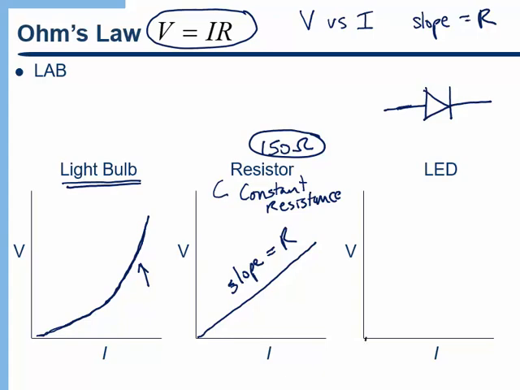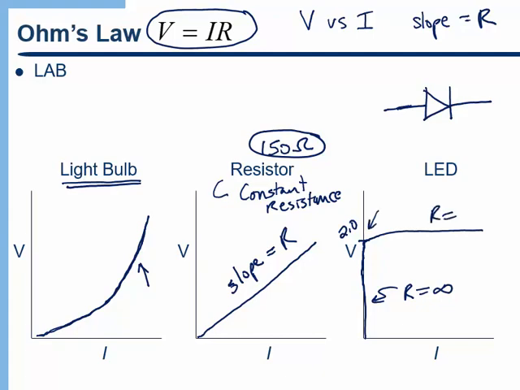So what we found for the LED was that up to a certain point, no current flowed until we got to around 2 volts for the LEDs that we used. And then all of a sudden we got a very steep curve. So with an LED, essentially it had an infinite resistance until it turned on at about 2 volts.